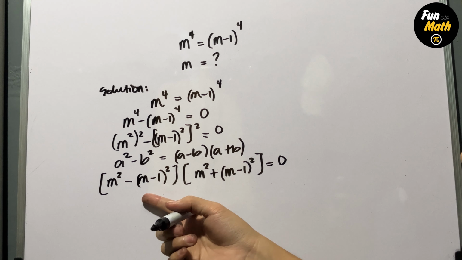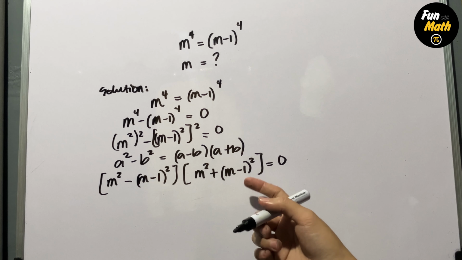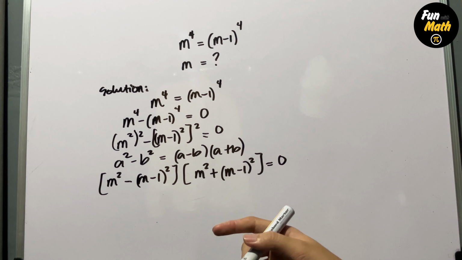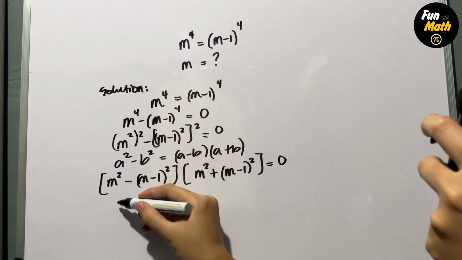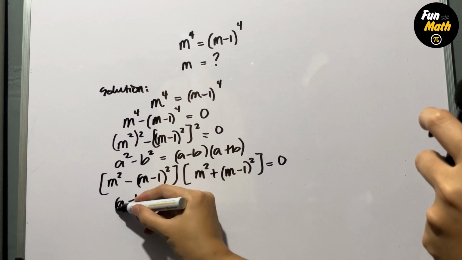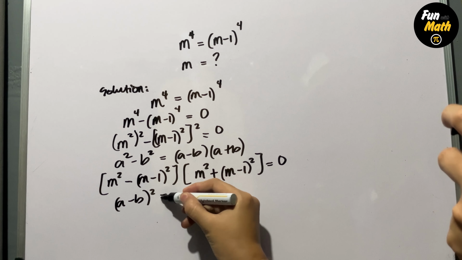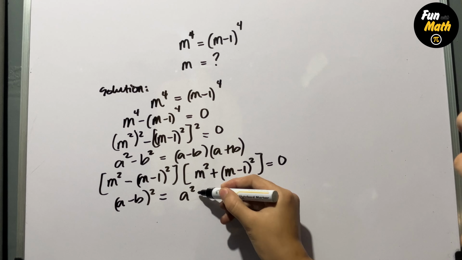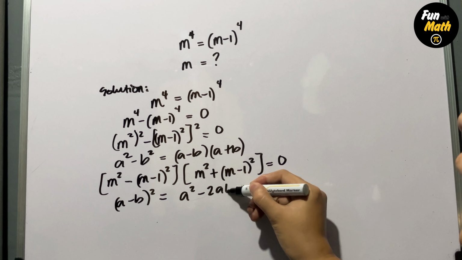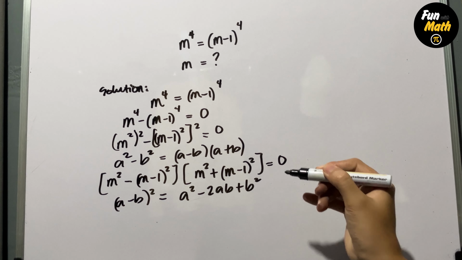Now for this, (m minus 1) squared, this looks like an identity also. We have (a minus b) to the power of 2, which is also equal to a squared minus 2ab plus b squared.